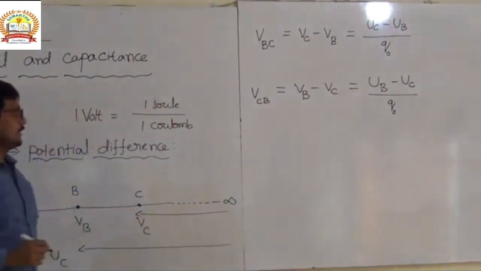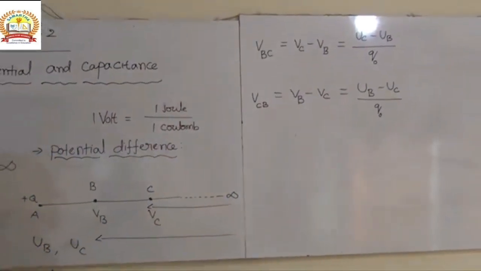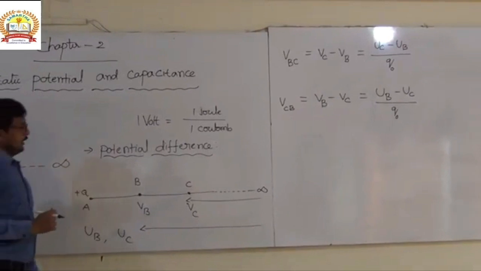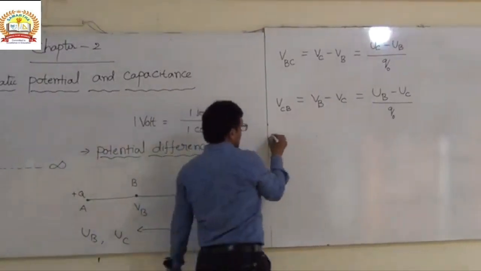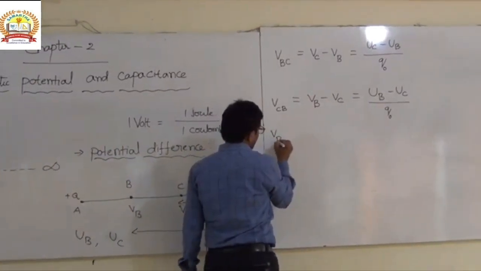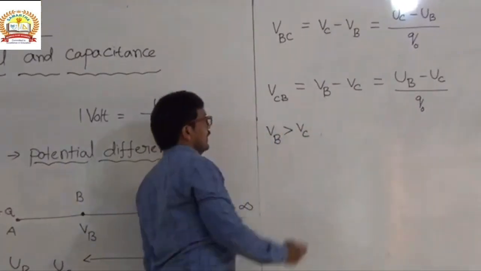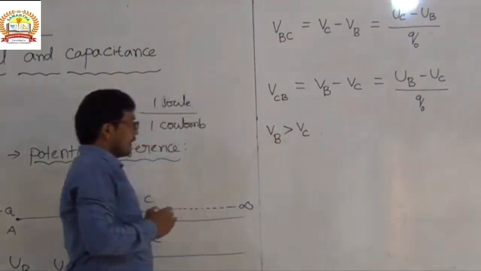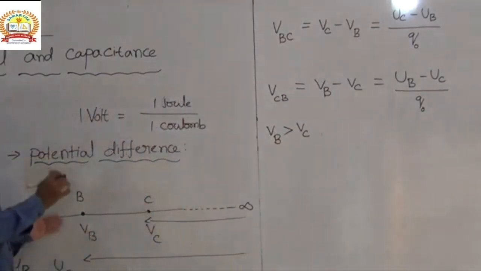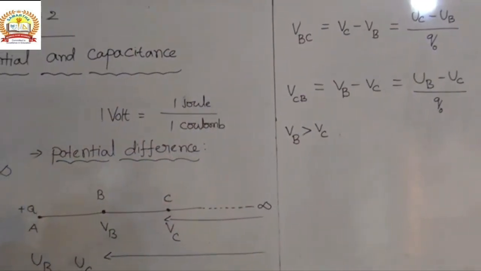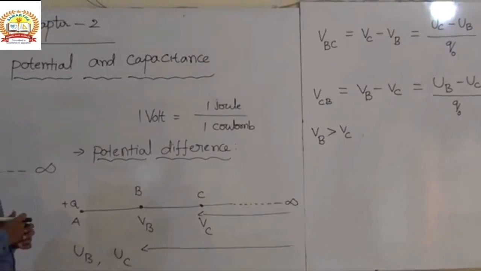That is the potential difference between B and C. And here VB is greater than VC, the potential at point B is greater than at point C. So from this potential difference we can give the important points regarding the potential difference.